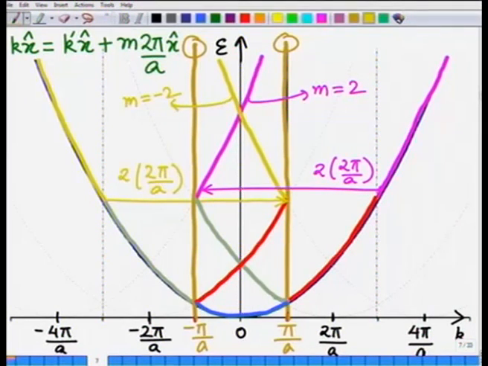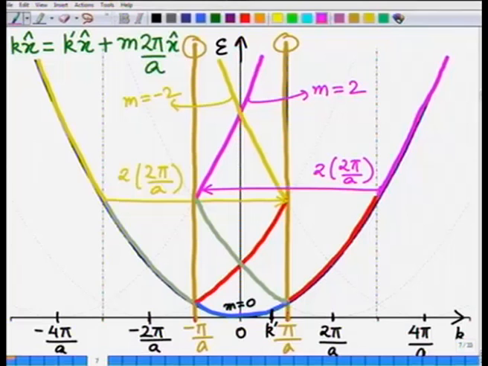So, you can see that every portion of this parabola we can keep shifting into the first Brillouin zone. Essentially, therefore, if I take a value of k prime to be, let us say, this value, and I read m equal to 0 right here, then all I need to do is take the square of k prime and I can get this energy which I just plotted out here.